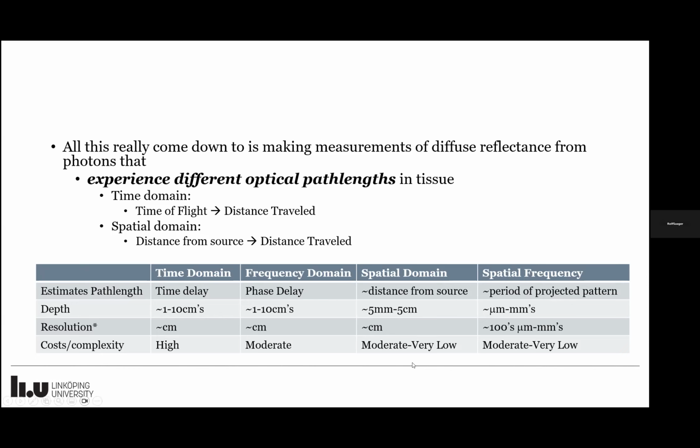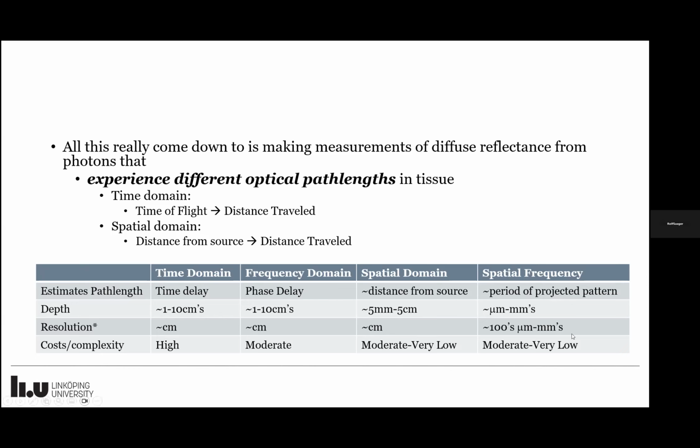Spatial domain, also point source and probe based, not as deep as the other techniques, but there's clear cost savings. There's a practical aspect in implementation.